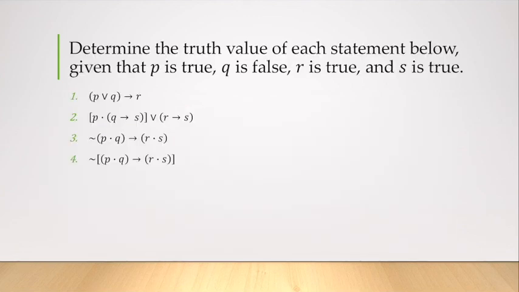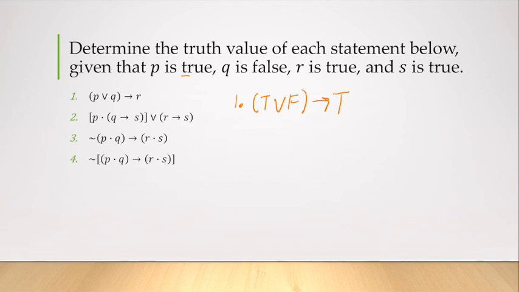The last thing I want us to do is determine the truth value for each of the statements below, given that P is true, Q is false, R is true, and S is true. So for problem number 1 here, I have P or Q implies R. So P is true, Q is false, implies R, which is true.